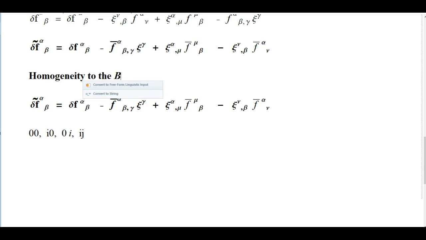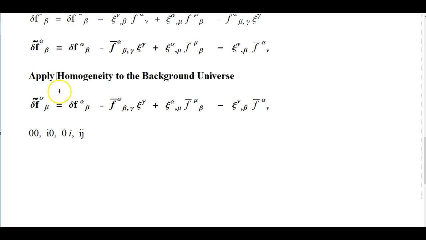We'll do the same as what we did in the last example of f alpha beta both on the lower side, where we saw that this quantity in a homogeneous universe will not vary with respect to the spatial indices.